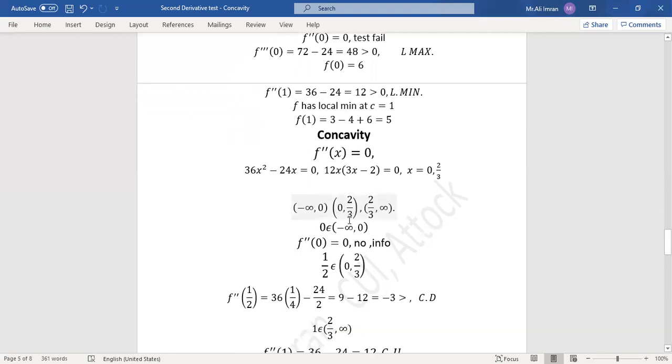We will check a test value from each interval to check the concavity. We have taken 0 from the first interval. We cannot take this value, so we will take minus 1.